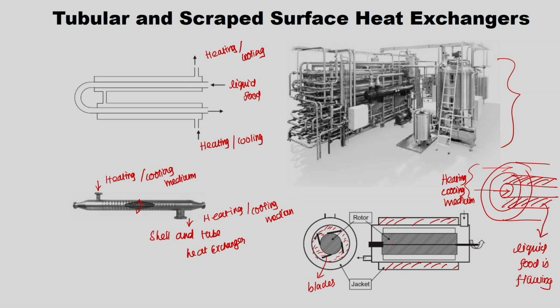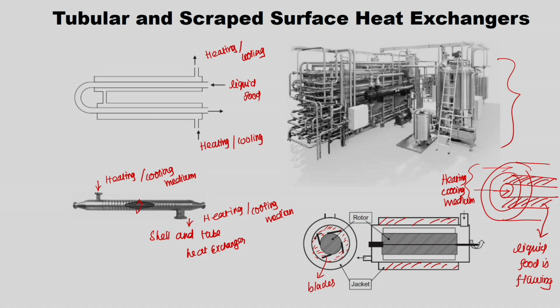So, these rotors help the products because it has a high amount of solids, because the scraped surface heat exchanger is mainly used for highly viscous fluids or liquid food containing a large amount of solid particulate. So, for this application only the scraped surface heat exchangers are used.